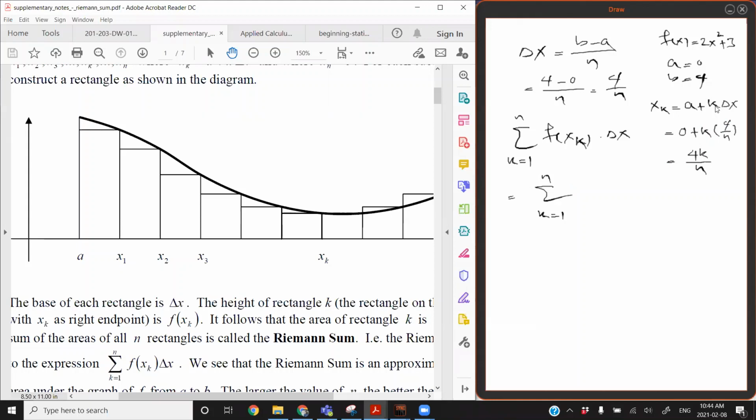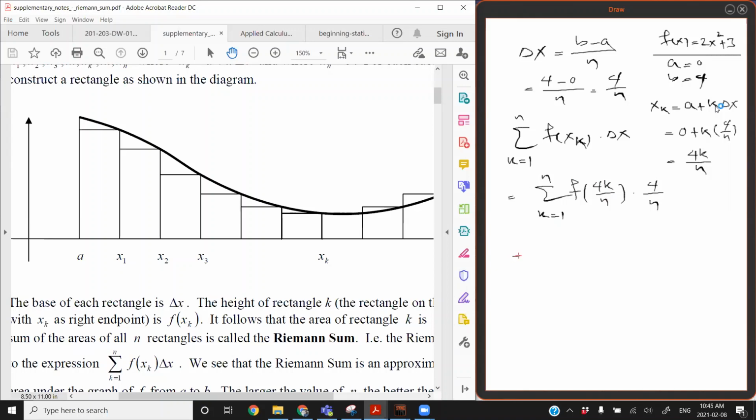So this becomes f of 4k over n times delta x, which is 4 over n. Now, what is f of 4k over n? We have f of x. So I can just replace that x over there with 4k over n.